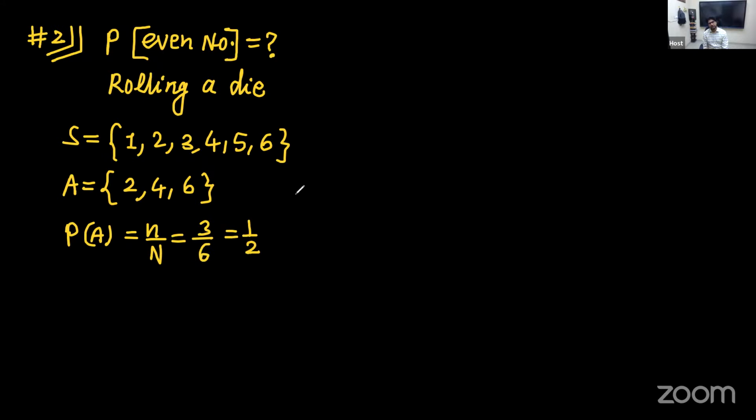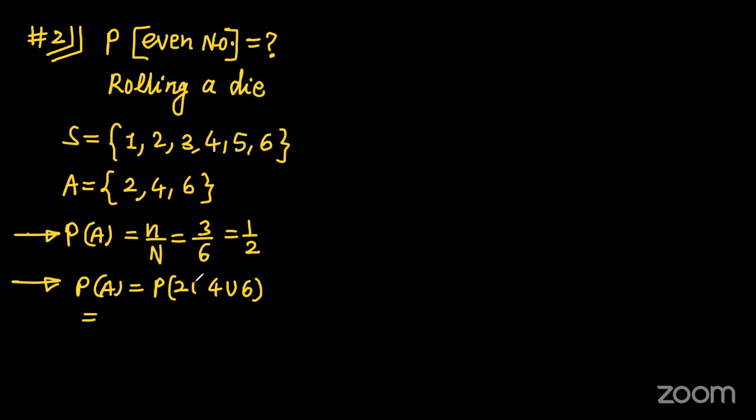That becomes 1 upon 2. This is one way to do this. The other way is that the event is satisfied either by getting 2, or by getting 4, or by getting 6. Now use an axiom. Which axiom? Axiom number 3.